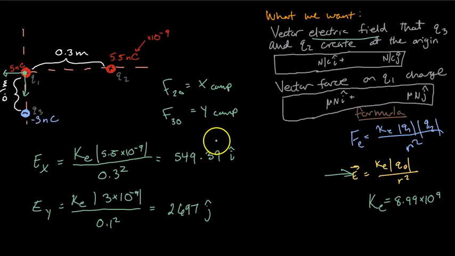And when we take the magnitudes into account, we will have a negative 549.39 for our i hat, and then our j hat will also be negative 2,697. And that is the first part of our question.